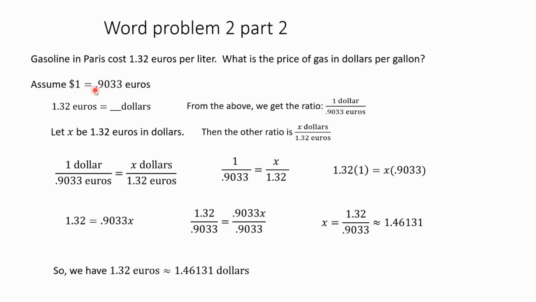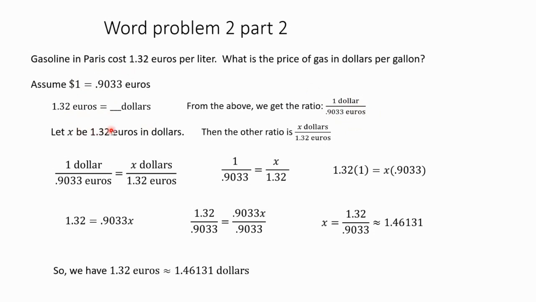We have $1 over 0.9033 euros. Again, if you wrote it the other way, that's okay. You just have to be consistent with your notation. What we want is we want to know how many dollars 1.32 euros is.